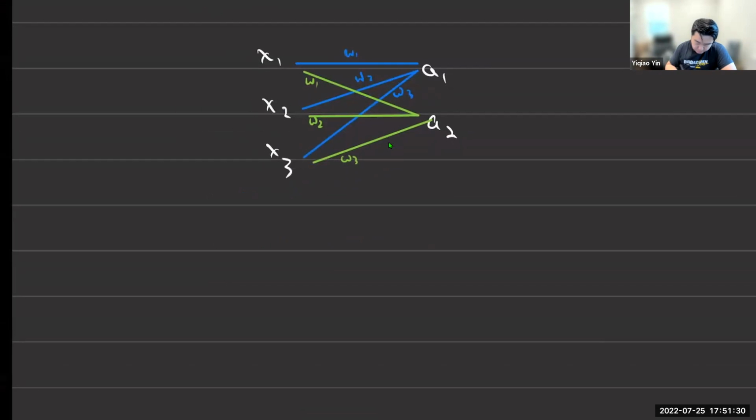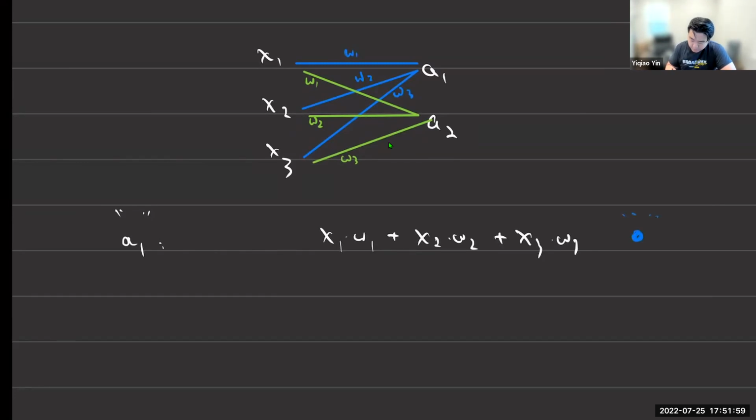The first model is going to be A1. The first thing about A1 is you need to throw x1, x2, x3 into a linear regression model. So you're going to do this first: x1 w1 plus x2 w2 plus x3 w3. Since it's blue, let me just mark it as blue. It's a blue model.